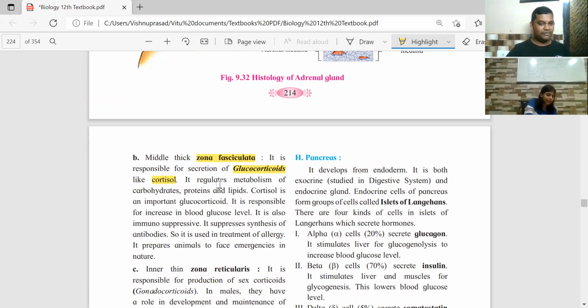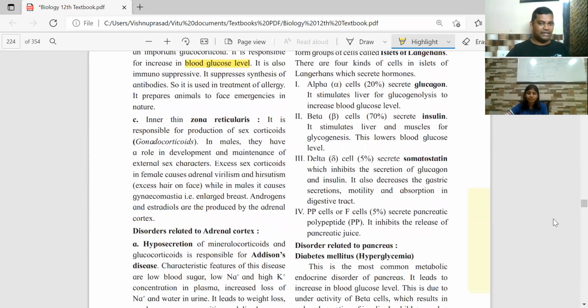From the name itself, gluco is associated with the metabolism of carbohydrates, proteins and lipids. The important glucocorticoid is cortisol. It helps to increase the blood glucose level and helps in carbohydrate metabolism.